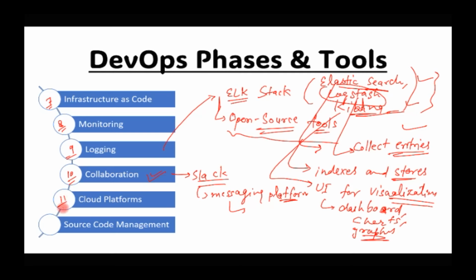Next we have the cloud platform. What exactly is it? As you are all aware, we have different cloud platforms like AWS, Azure, GCP, Oracle Cloud, IBM Cloud. There are many clouds available in the market. It's a cloud computing platform which offers a variety of services for computing, storage, and networking related to our application.